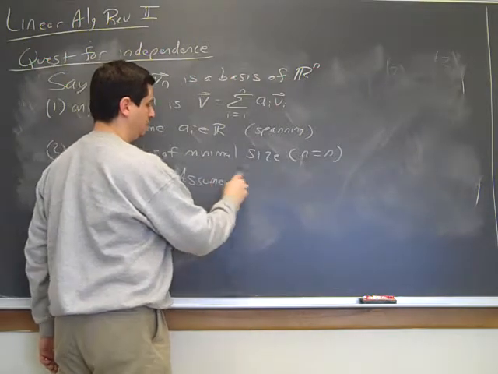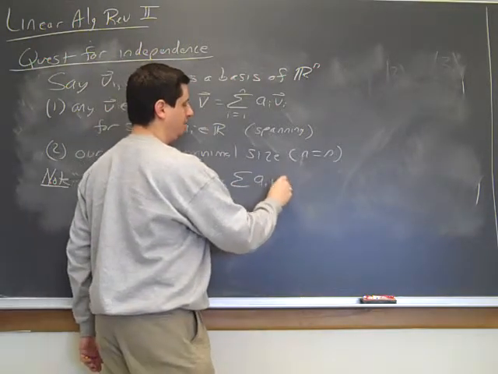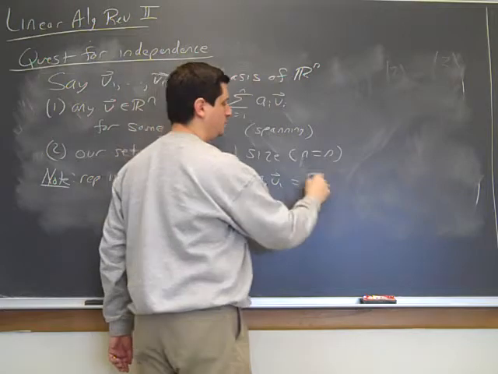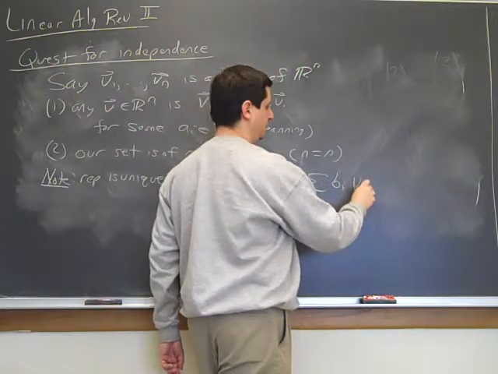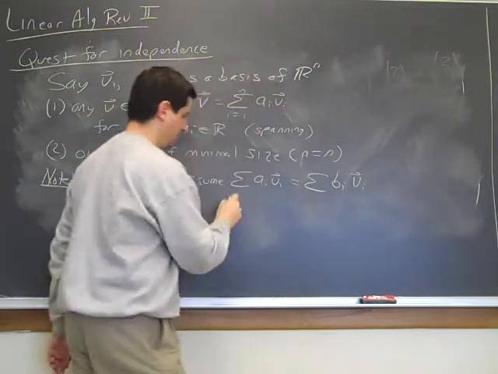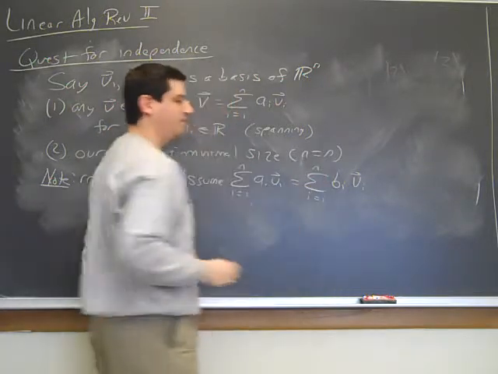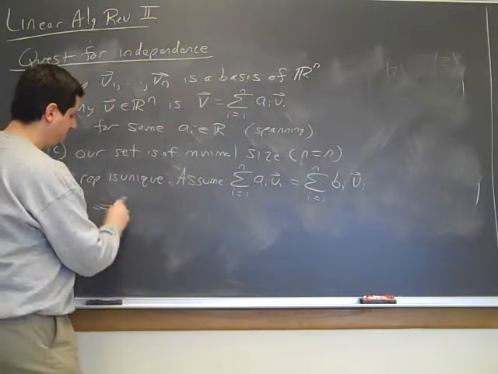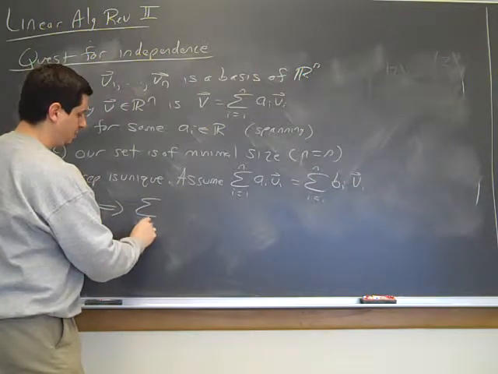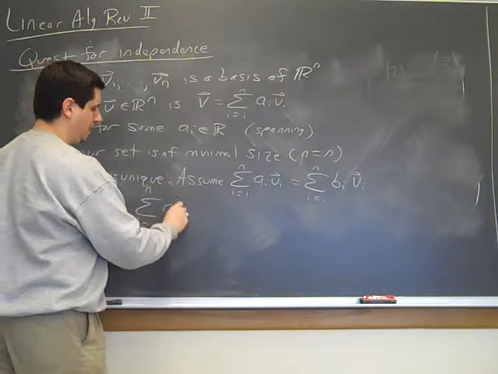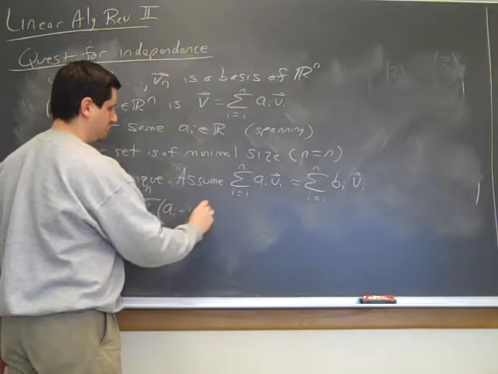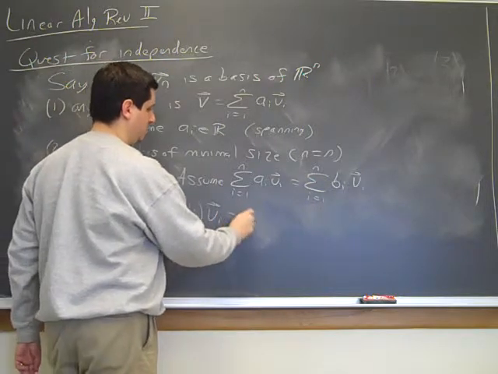Assume the sum of AI VI equals the sum of BI VI. Well, if that's true, then this is the same as the sum, i goes from 1 to n, of AI minus BI times VI equals 0.